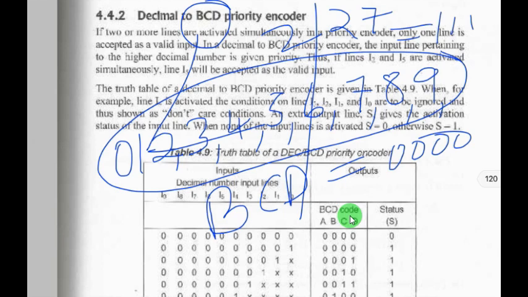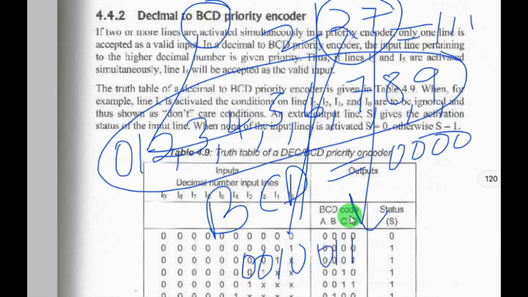But if I told you to convert this 27 to a BCD code, you would convert only 2 to 0 0 1, and 7 to 0 1 1 1, isn't it? Now that is what you want to apply here.